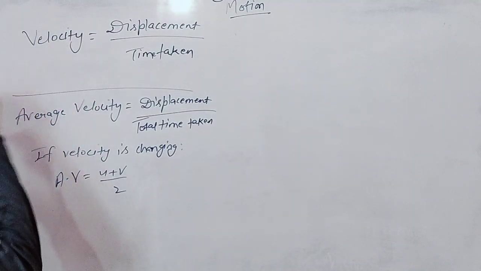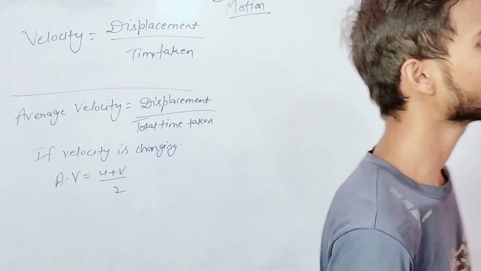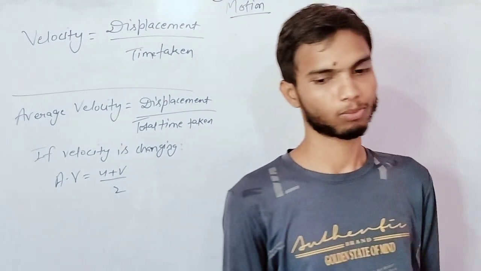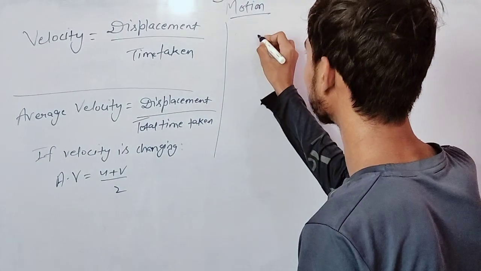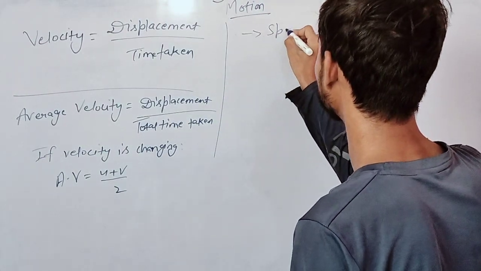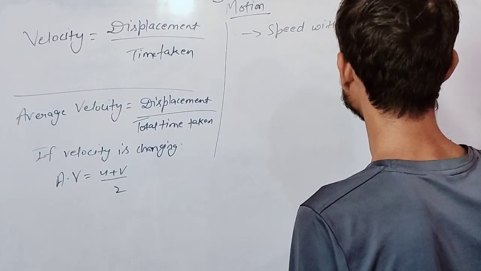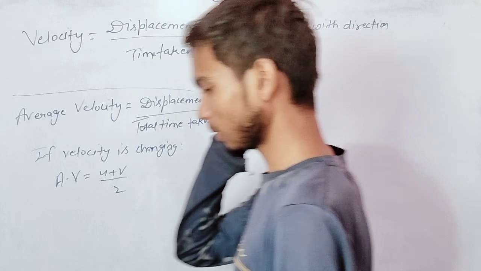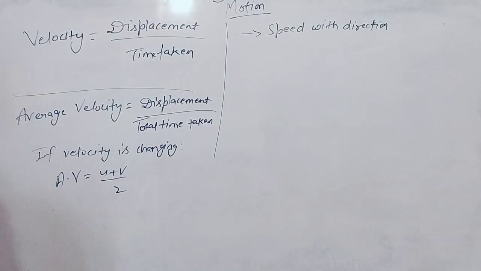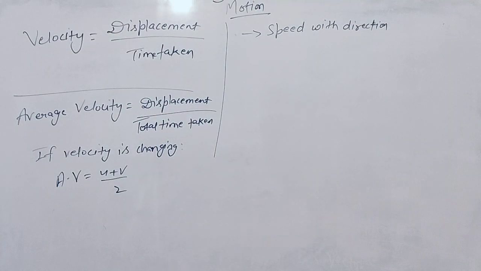So here the meaning of velocity is a speed with direction. A speed with direction. And that's where velocity becomes a vector.